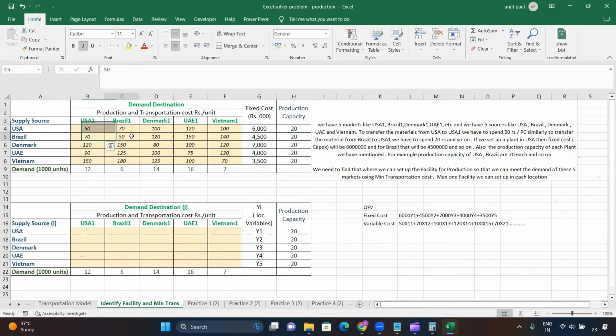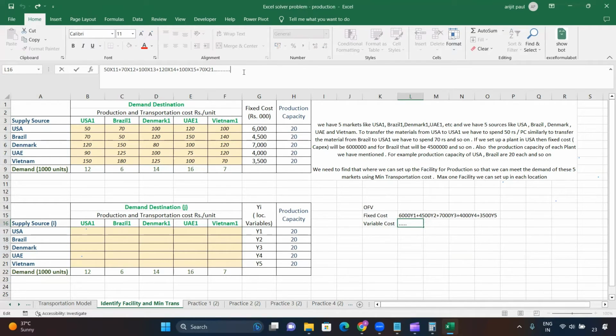This one we can consider 50 x22. 22 means 2 is for source Brazil, and this 2 means the market Brazil. So that is why we need to mention here 50 x22. So from here we need to go up to this level. So this becomes a huge formula.